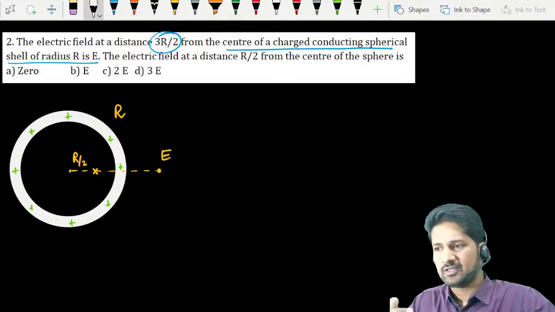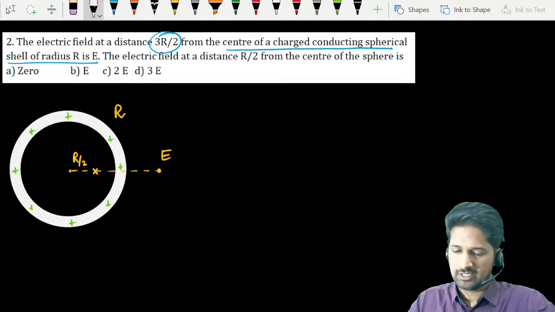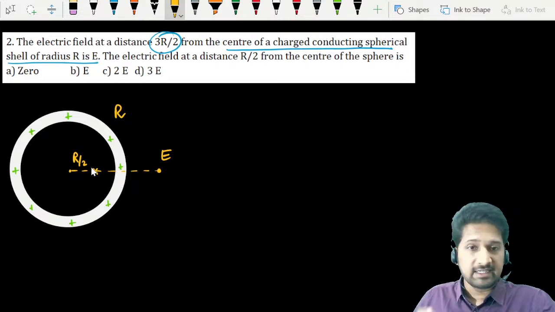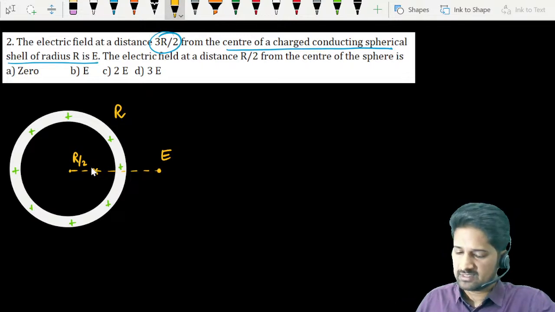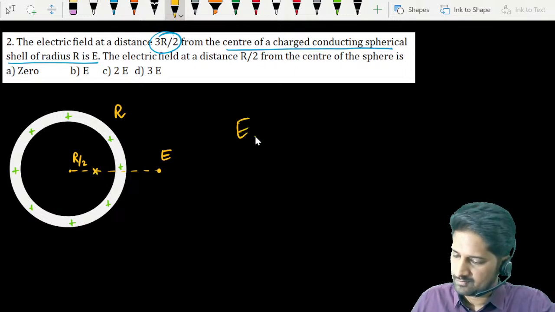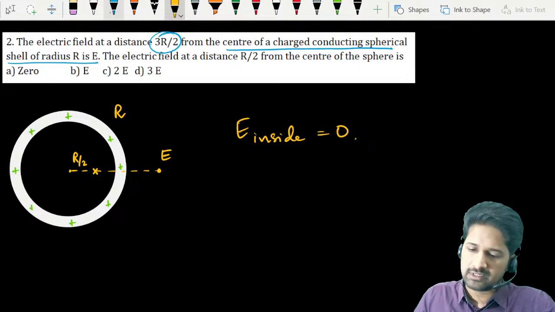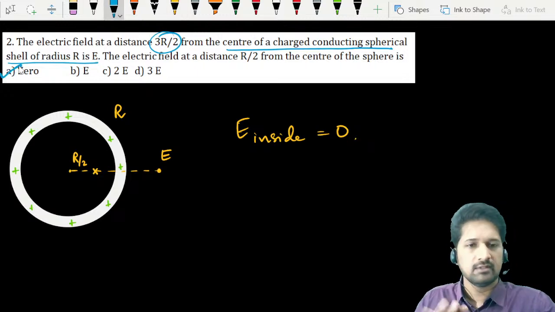Right. You must have proved this using Gauss law. We know that the electric field inside a uniformly charged spherical shell is 0. So the answer to this question will be the first option, 0.